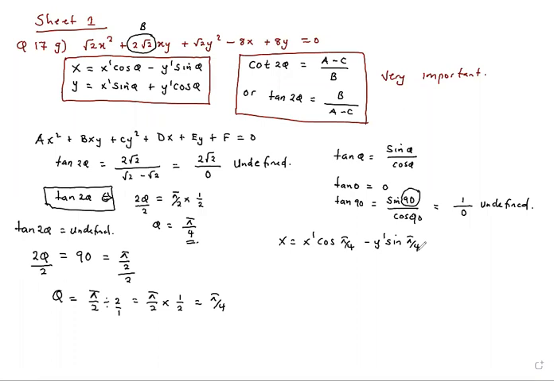Your question is, what makes tan undefined? You're not redefining tan. It is undefined the way it is. Now you're saying, at which angle is tan undefined? Tan is undefined at 90. That angle you find, you always equate it to 2 theta and then solve for theta.